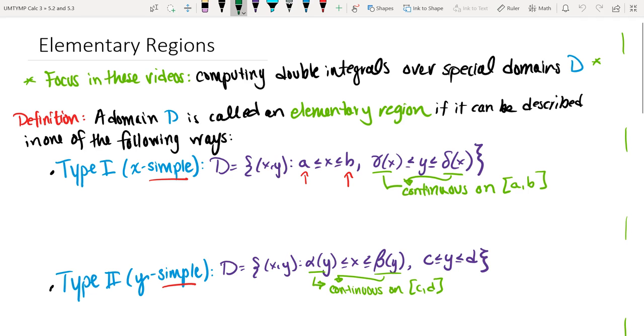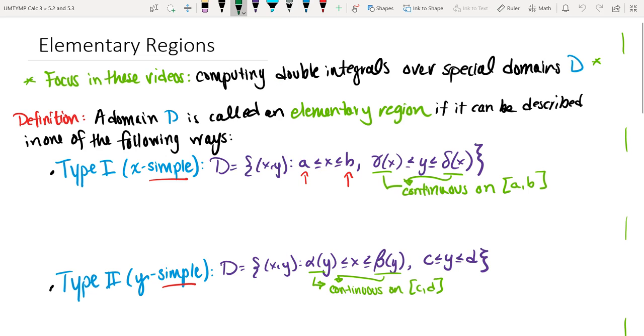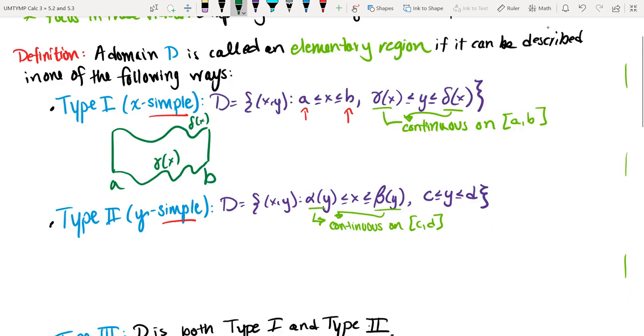Okay, so what we would see graphically is something maybe like, okay, so we know x is bounded between two values, say a and b, and y has something funky going on to it, and we're going to call this delta of x, and then the bottom one is going to be gamma of x. Okay, so that's what we would see in a type 1 region, very clear boundaries for x between two constants, and then the y boundaries are between two continuous functions.